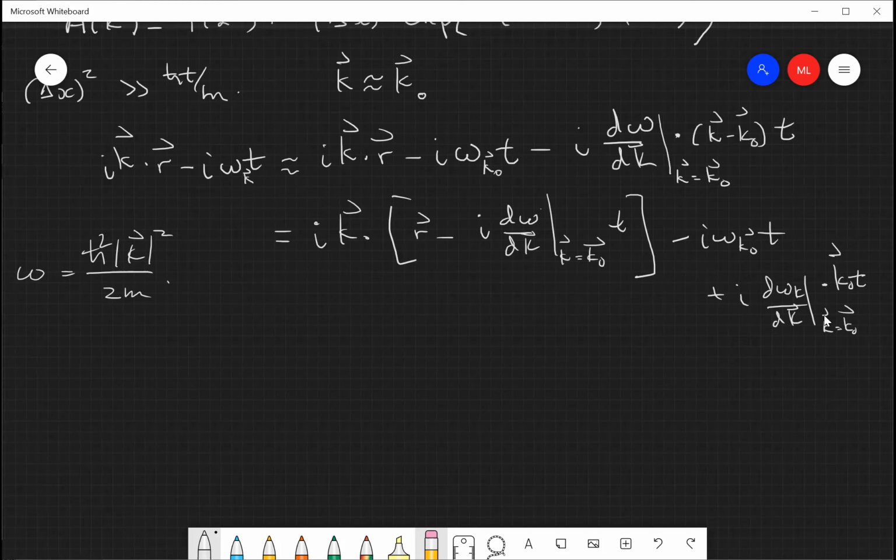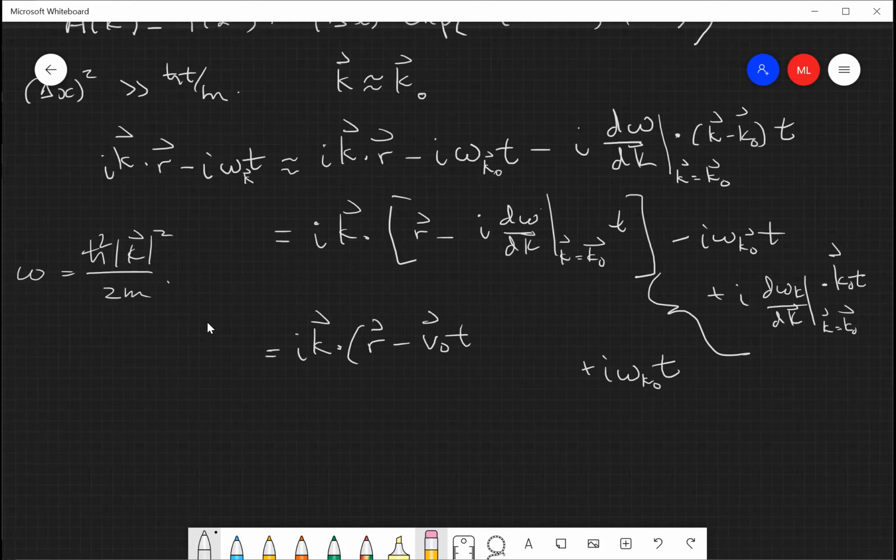So these two terms just combine and give you a plus i omega associated with the k naught times t. Because this term is just twice this guy without the minus sign. And so in the end, you see that the stuff in the exponential is nothing but e to the i k dotted into r shifted by a velocity, v naught t.